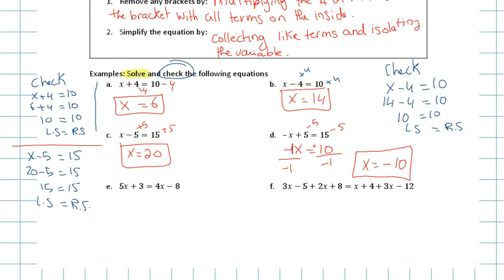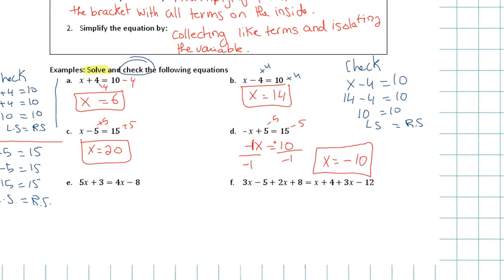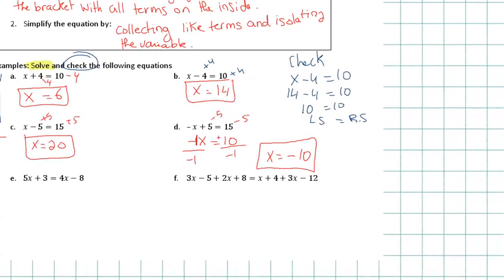All right. Now, let's do the check. So to check, what do I have to plug in for x? Negative 10. So I replace, you know what, let me write it.